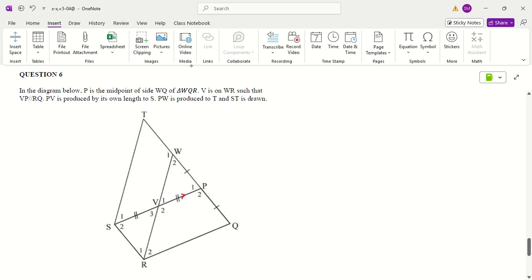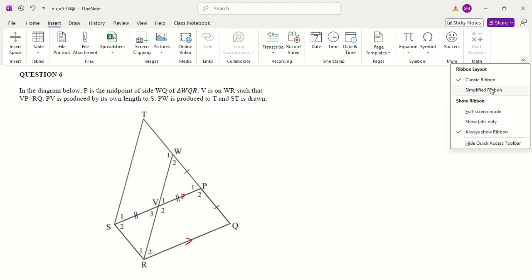So we are going to put parallel lines here. And then PV is produced by its own length to S, so that is indicated. And then PW is produced to T, and ST is drawn. Okay, fine.